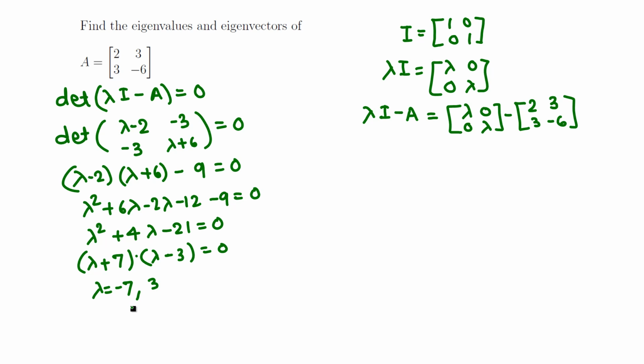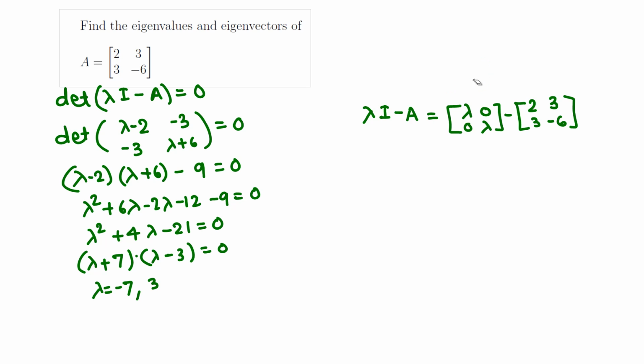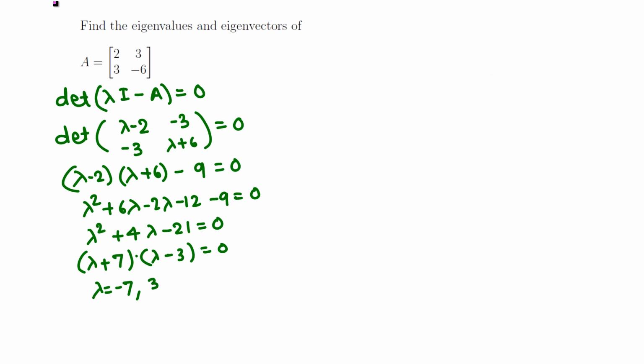Next we need to find the corresponding eigenvectors. By the way, this is lambda I minus A in terms of matrices. So let me erase this part, and we have to do this twice, to find the corresponding eigenvectors.